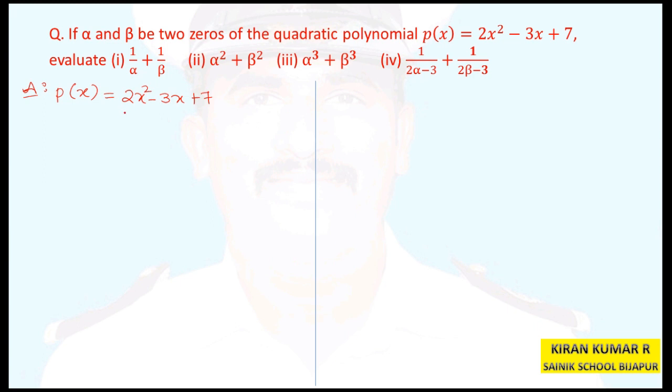In this, a value is 2, b value is minus 3 and c value is 7. Sum of the zeros for this quadratic polynomial is minus b by a, which is minus of minus 3 by 2, which is positive 3 by 2. Product of the zeros alpha into beta is c by a, so it is 7 by 2.